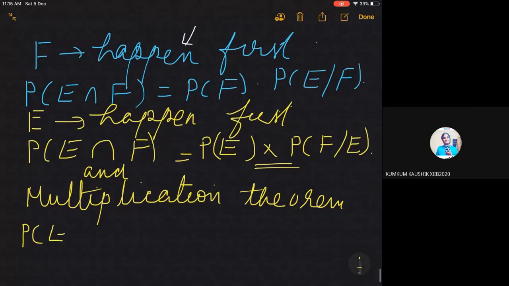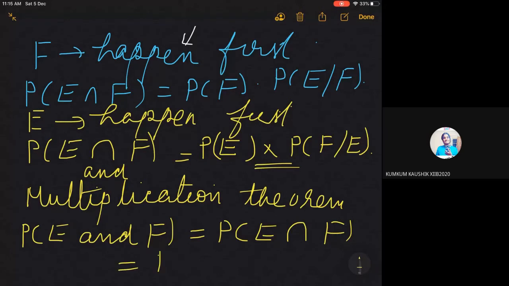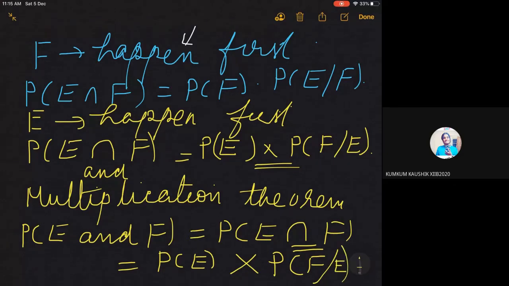P of E and F, or P of E intersection F, is P of E into P of F, provided E has happened.